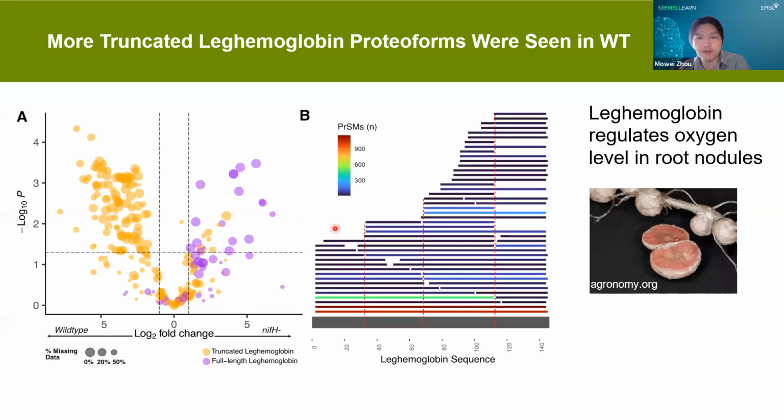And then James also had the script to plot this coverage map. So the x-axis is the protein sequence from N-terminus to C-terminus. And those bars are the detected proteoforms, showing which fragment we're detecting for the specific proteoforms.